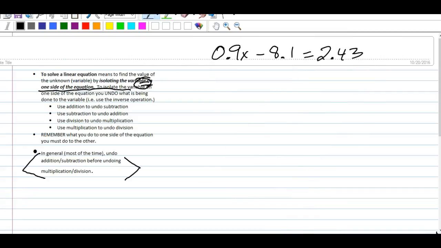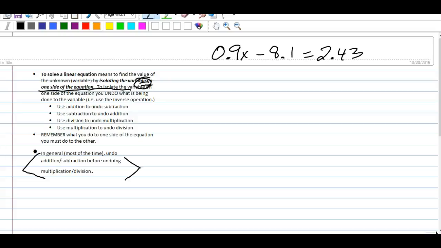Last example, solving equations that deal with decimals. We have 0.9x minus 8.1 is equal to 2.43. If you don't like dealing with decimals, just like you may not like dealing with fractions, you don't have to. You can eliminate the decimals by making all the numbers in this equation a whole number.